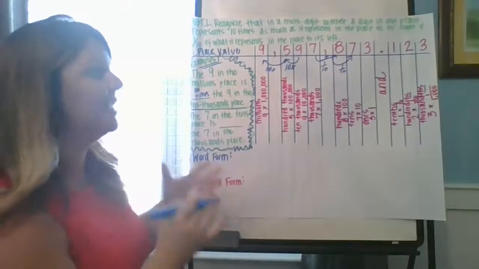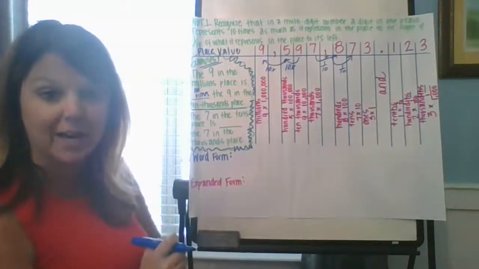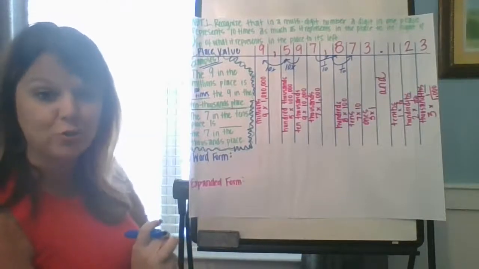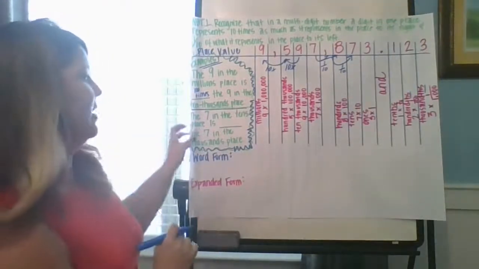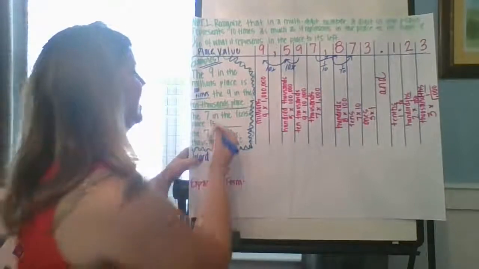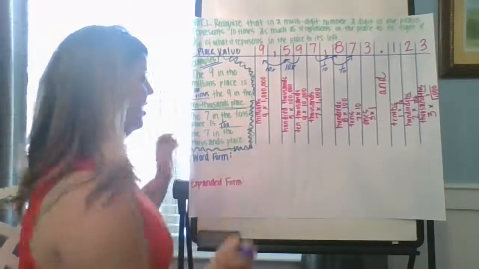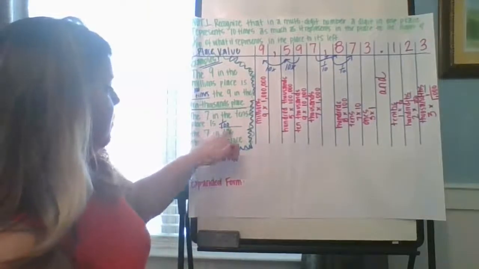Well, just like 10 times 10 equals 100, 1/10 times 1/10 equals 1/100th of that value. So the 7 in the tens place is 1/100th the value of the 7 in the thousands place.